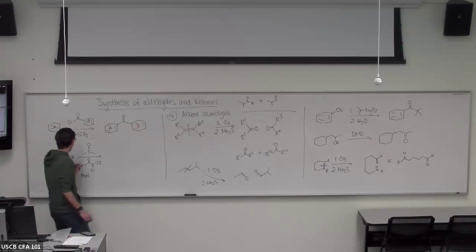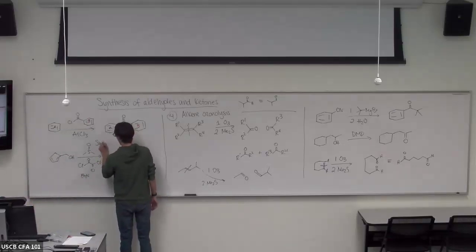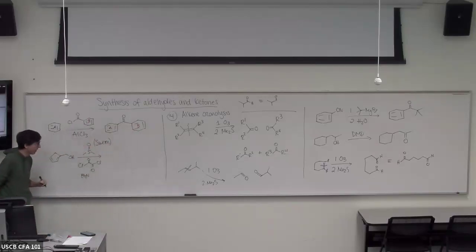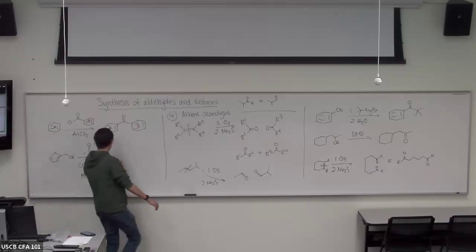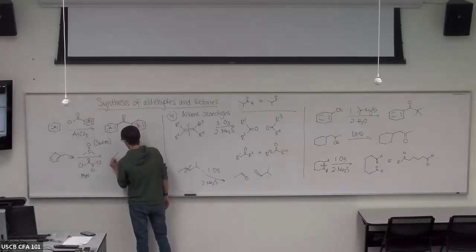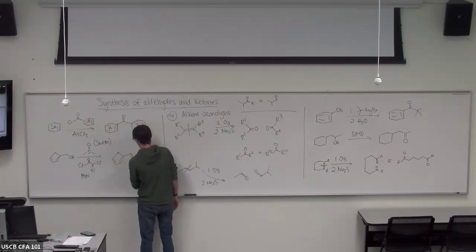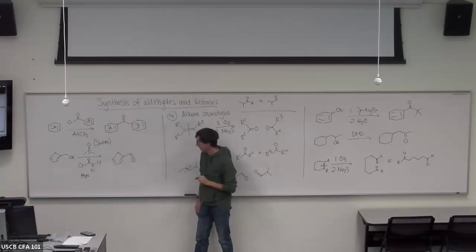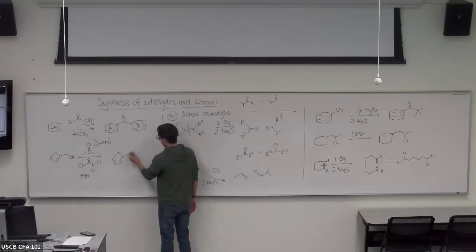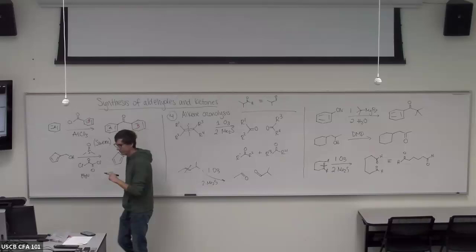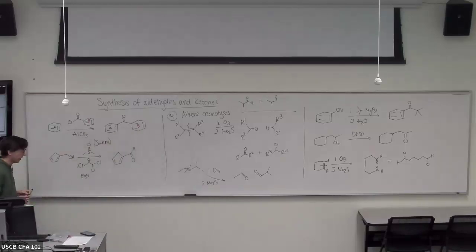So these are Swern oxidation conditions, and that does basically the same thing as DMP. We're just going to oxidize that alcohol to a carbonyl. So like that, and we can draw our aldehyde.